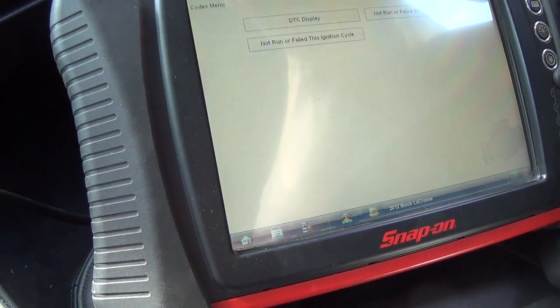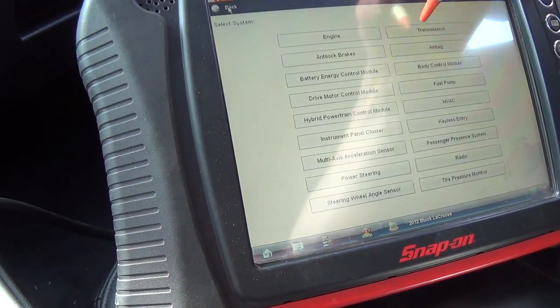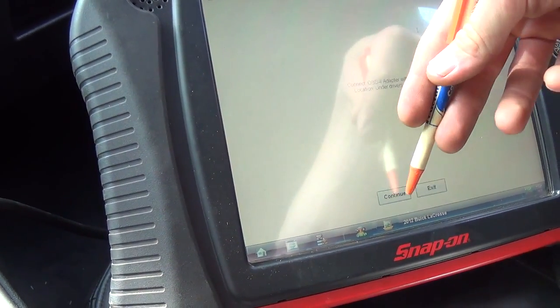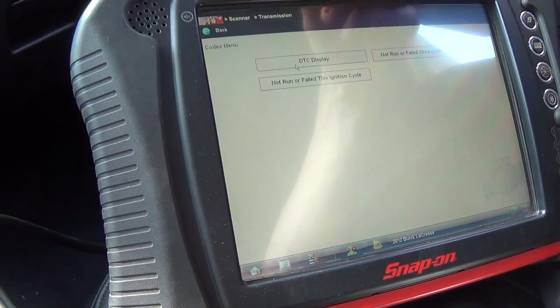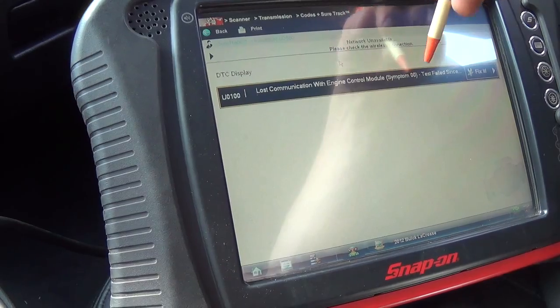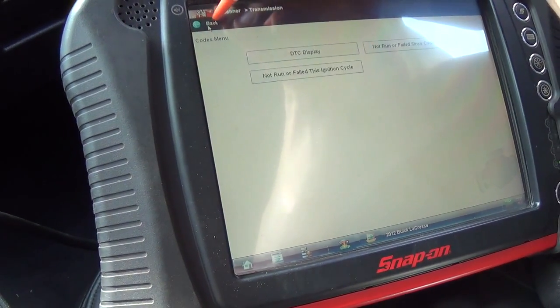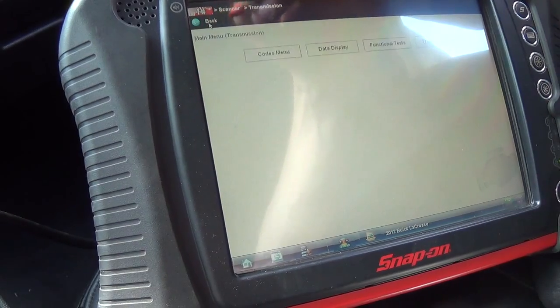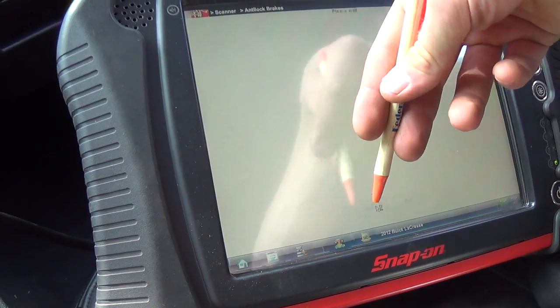So let us check the codes for the transmission. Lost communication with engine control module. Okay, that's a good direction there. And let us go back to ABS.